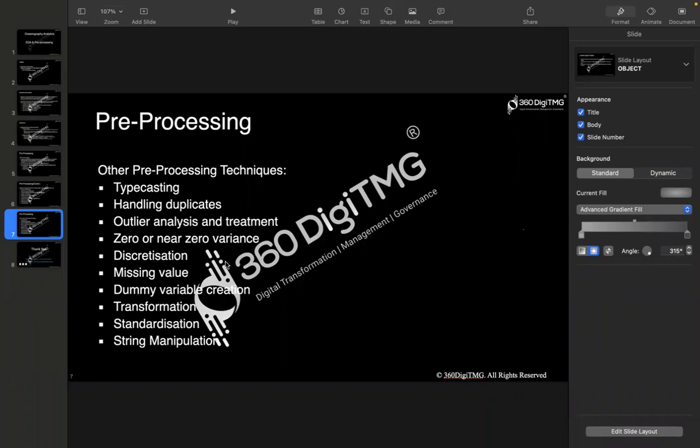To understand the data processing, we have to know how all these functions work. So we start with typecasting.